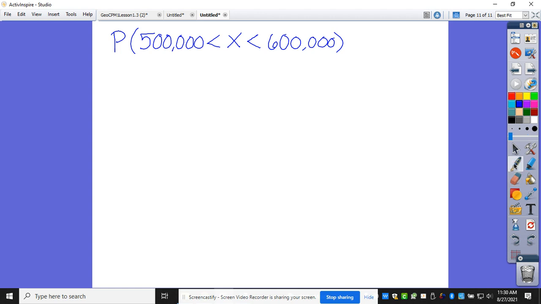All right, now what do I do from here? Change it to z's. So I'm going to do 2 separate ones. I'm going to do my z over here, I might just do a z5 or something. So this one I'm going to do with 500,000.